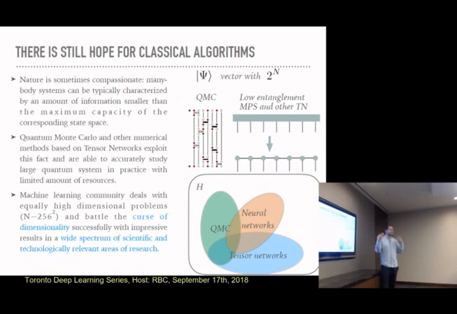There are many different ways of quantifying entanglement, but basically it's a quantity that tells you how much you can know about a fraction of the system if you trace out the rest.